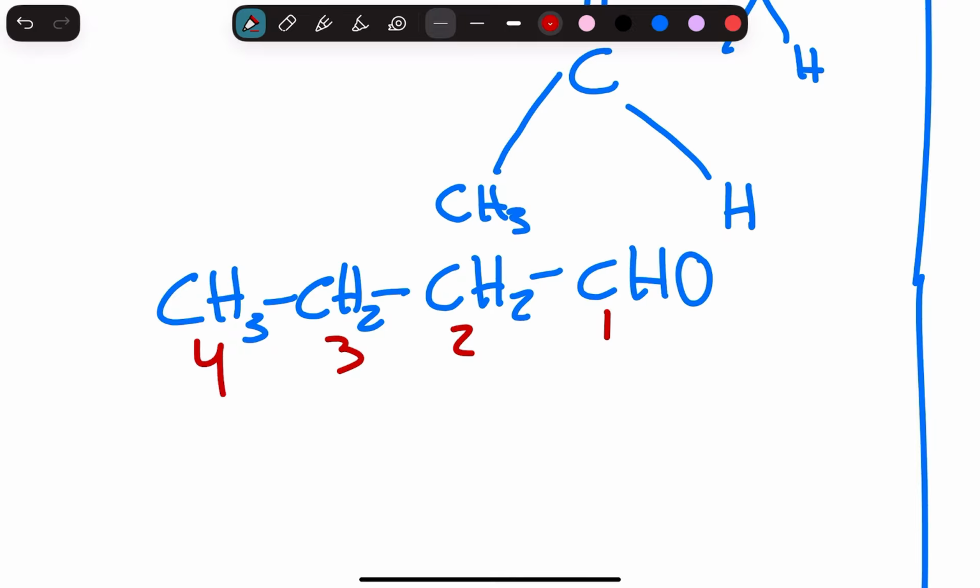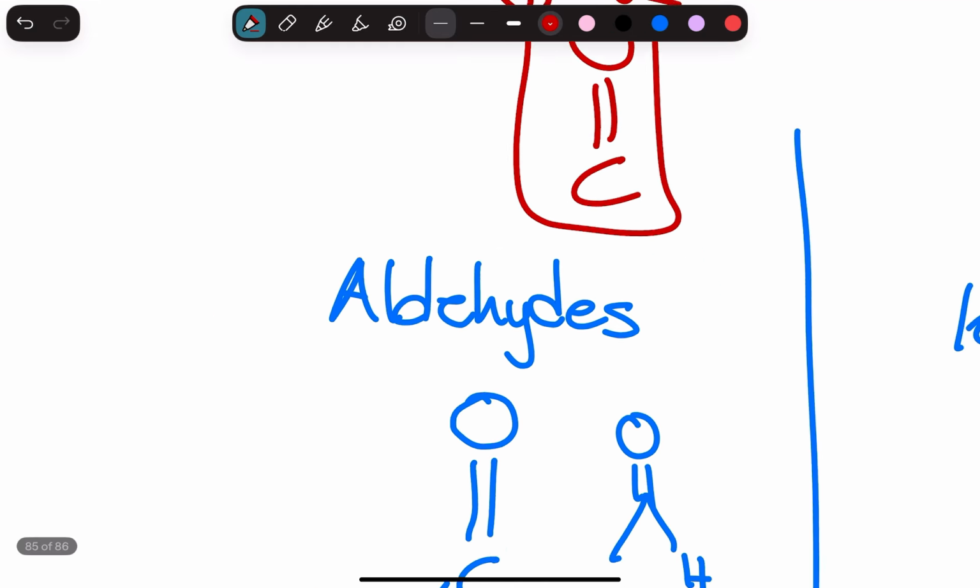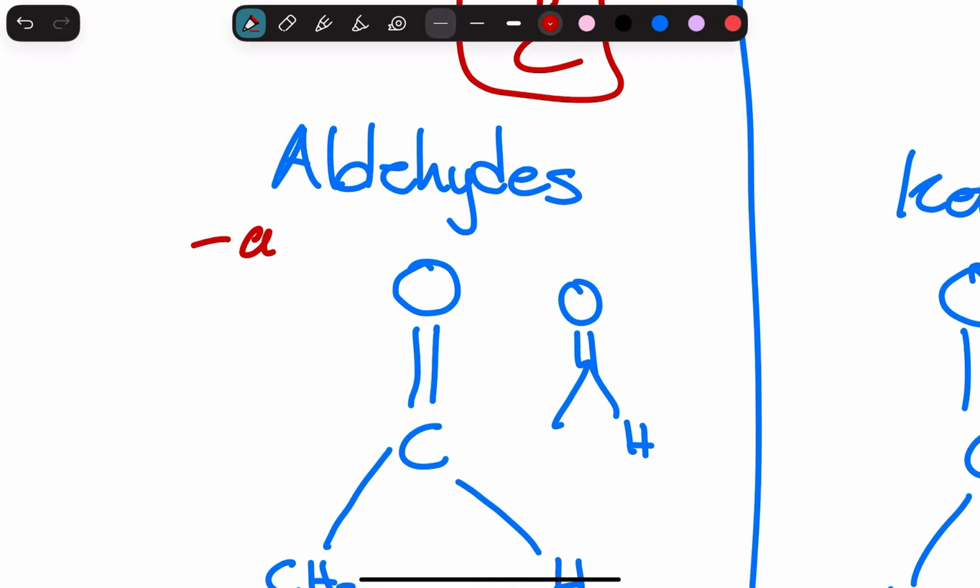So we'll number them. And then we're going to name it. So 4 would be bute. Then you replace that E with an al. So butanal. So instead of butane, butanal. It has that al ending.